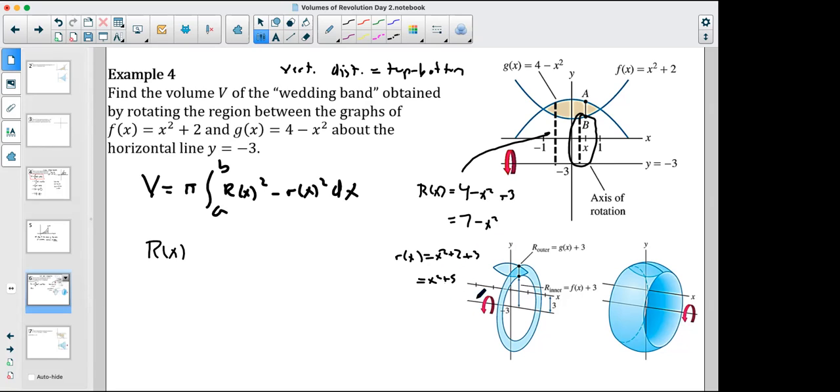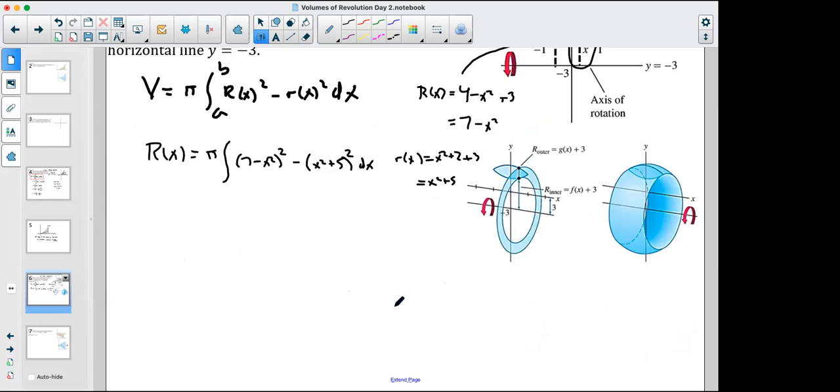Now I'll set up my integral and then I'll find the limits. Big R squared minus little r squared dx. For the limits, I have to set 4 minus x squared equal to x squared plus 2.